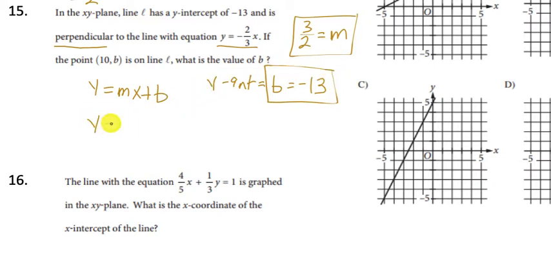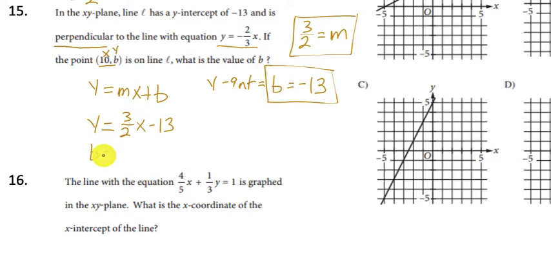We're going to have y equals 3 over 2x minus 13. They're telling us that 10 comma b is a point on our line, so we need to plug this in. 10 is our x, b is our y, and we'll plug this into the equation that we have.